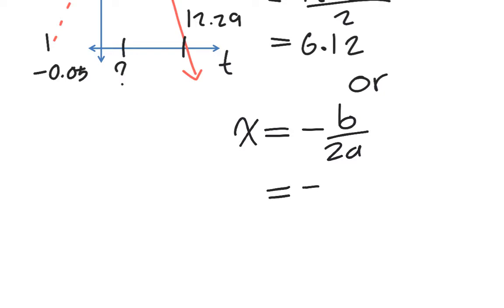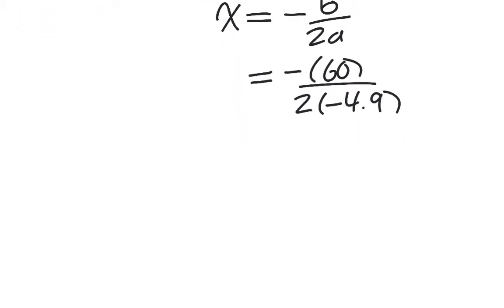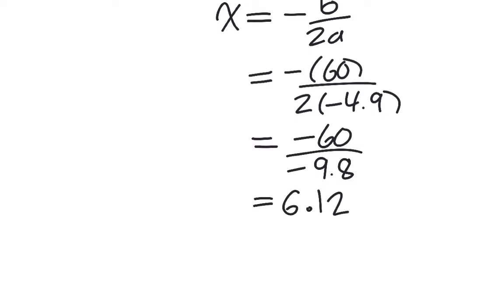So instead of b, I'm going to write 60, and instead of a, I'm going to write negative 4.9. So the numerator stays the same. I can just take the brackets out, and 2 multiplied by negative 4.9 is negative 9.8. Once you divide these two numbers, you will get approximately the same answer, which is 6.12. So as you can see, there are two different ways of finding the x-coordinate of the vertex.